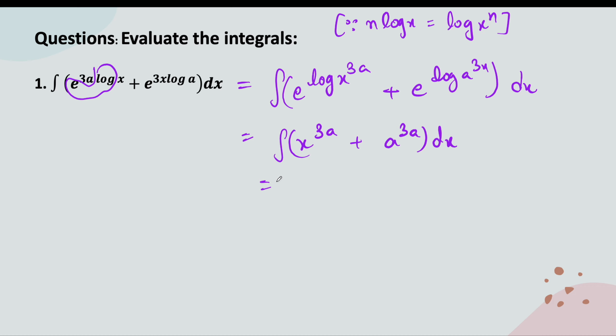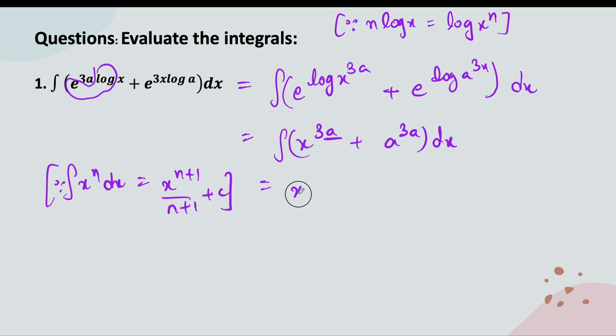I hope that everything is clear till now. Simply apply the formula of integral of x to the power n dx and you will get the answer. So that would be x to the power n plus 1 upon n plus 1 plus c. बेटा प्लीज़ रिमेंबर, बहुत बच्चे जो 3 को 4 में कन्वर्ट कर देंगे, but yes we have a letter over here, so we can't add 3 plus 1 like that only. So we are just going to write x to the power 3a plus 1 upon 3a plus 1. That's it. Okay, so ये आ जाएगा.